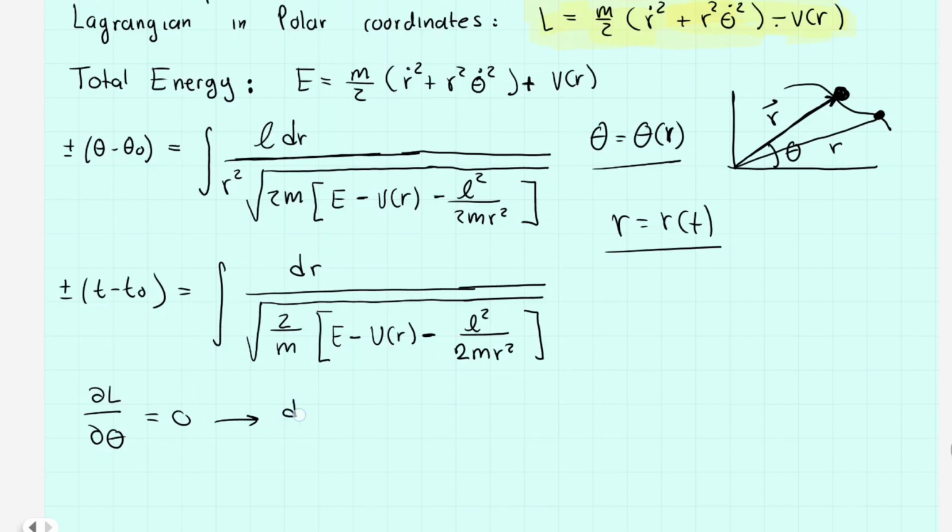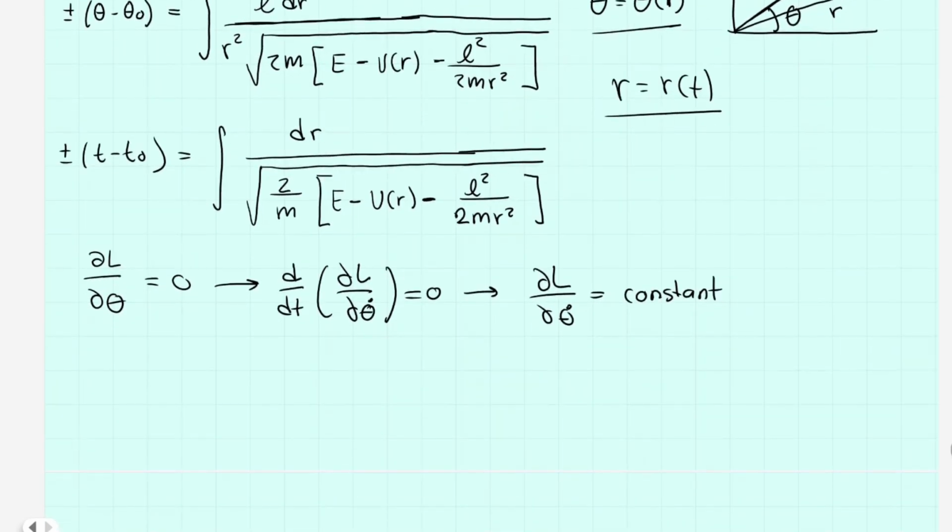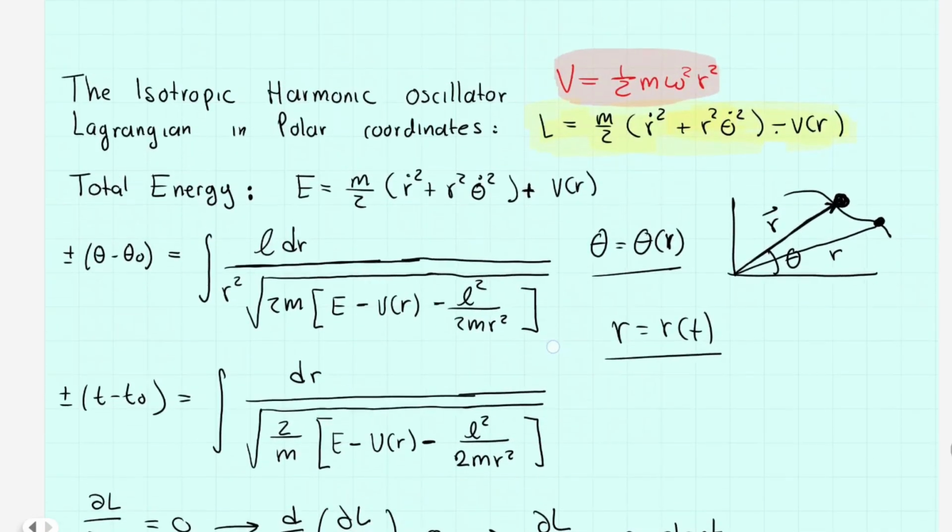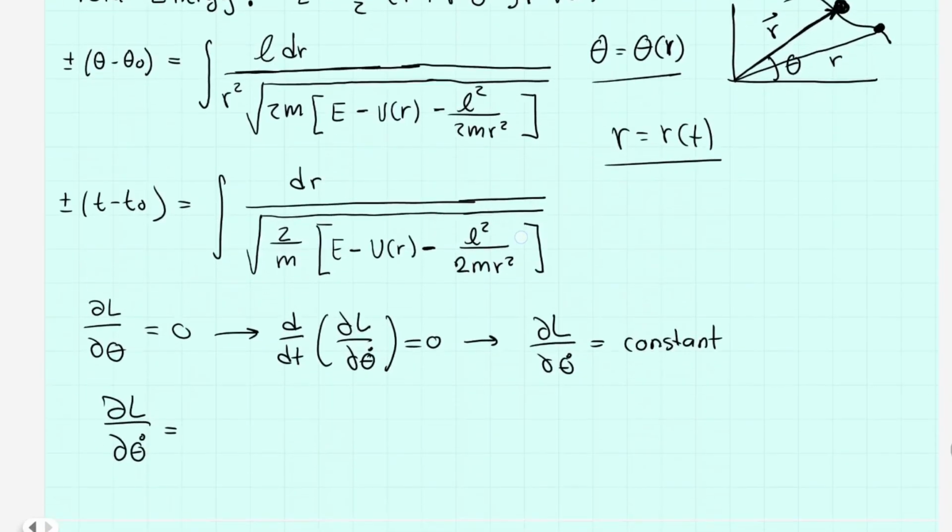That means that the derivative with respect to time of the partial of L with respect to theta dot will be 0, making dL over d theta dot a constant. If we calculate that, we get m r squared theta dot, and we will name this as L.